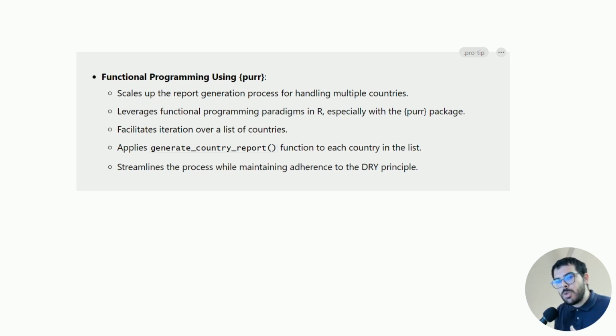The purrr package, through its functions, allows us to map through, or rather iterate through, a vector or list, and apply the function, the generate country report function, for each country. So if I supply a list of countries that are within our data and then map our function through this list of countries, I will have the output of all these countries in a specific file. And that's basically the objective of this lesson.